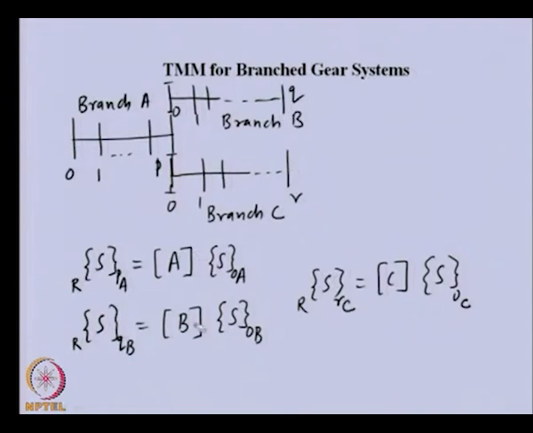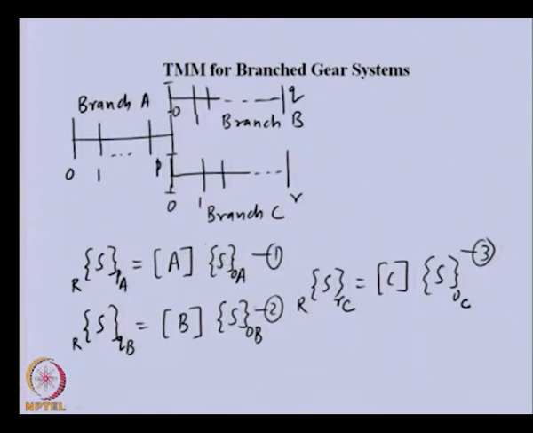So these equations basically represent the governing equations for the 3 branches, but they have not been connected as they are connected by the gear. Now we will take these equations one at a time and try to relate them.